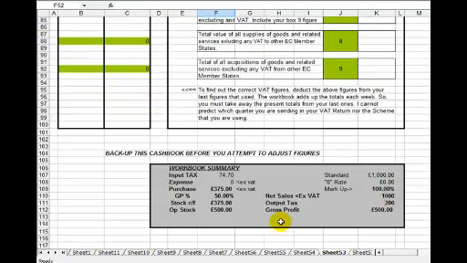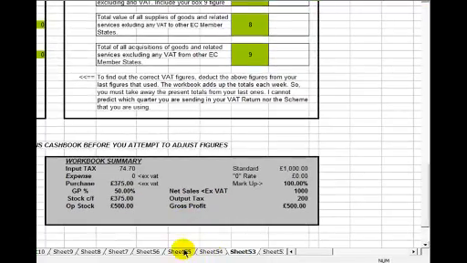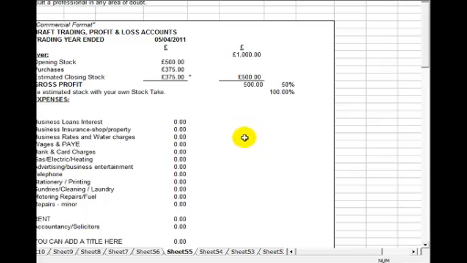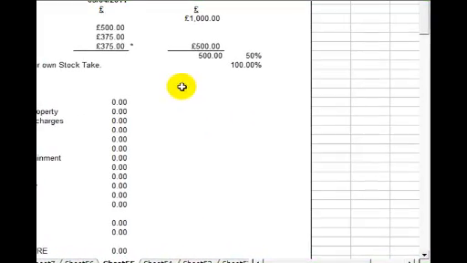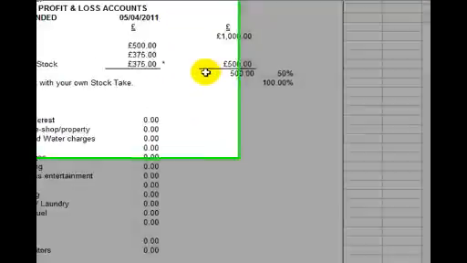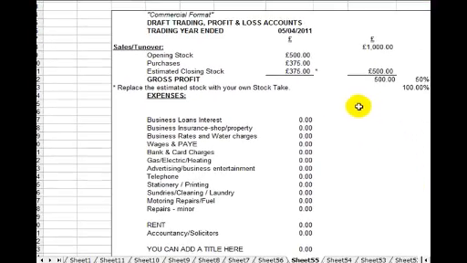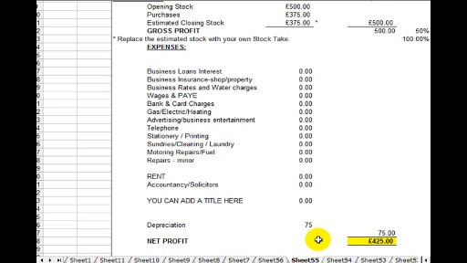And then we've got the summary here. Let's look at week 55. This is the trading profit and loss account. As you can see, it's already calculated the figures for you. And like I said, we've not spent anything on expenses, so it will literally be zero here.